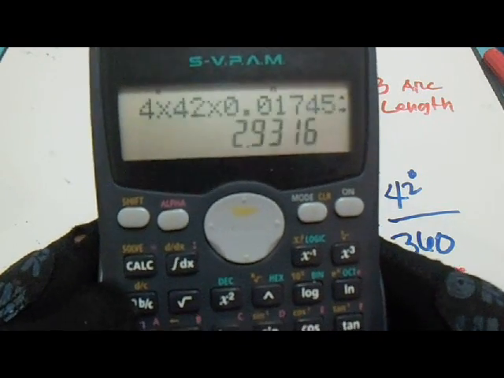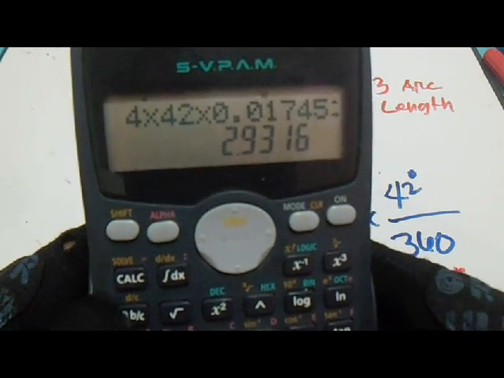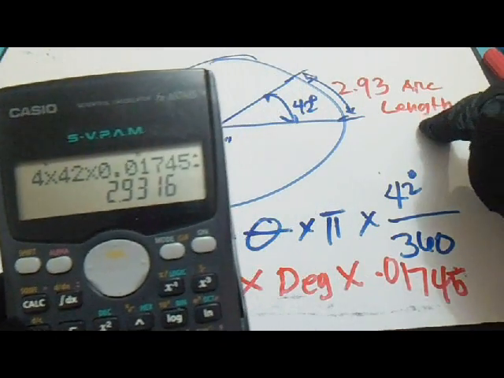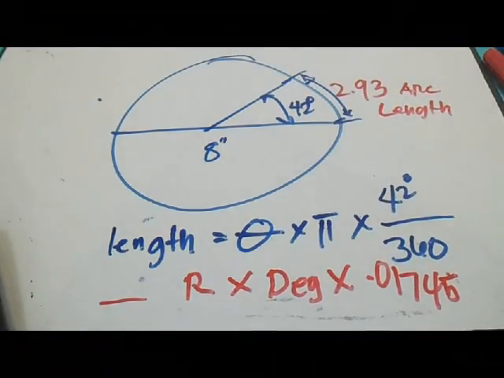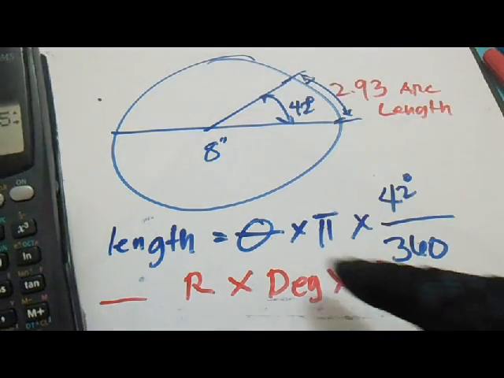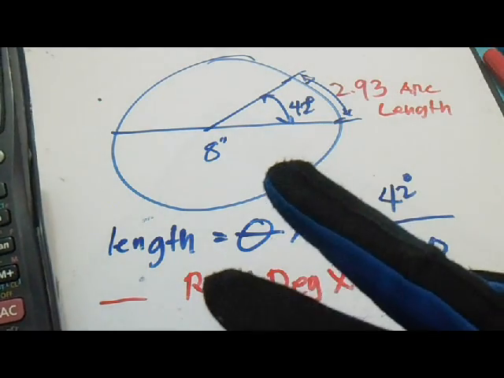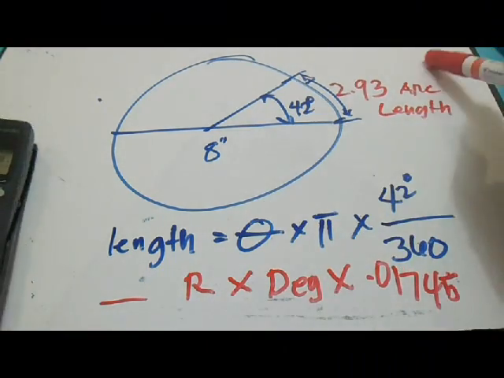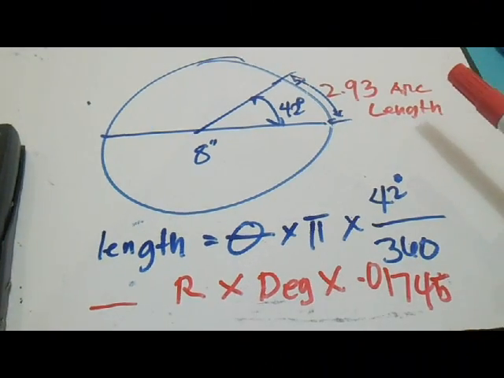So our answer is, okay, they are the same answer, 2.93. This is our answer, 2.93, using two formulas with the same answer of arc length.